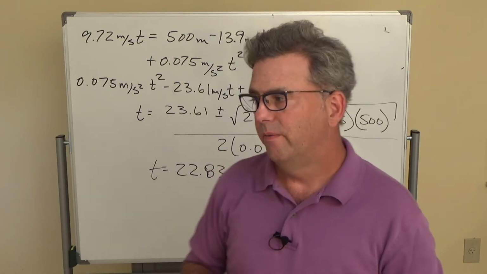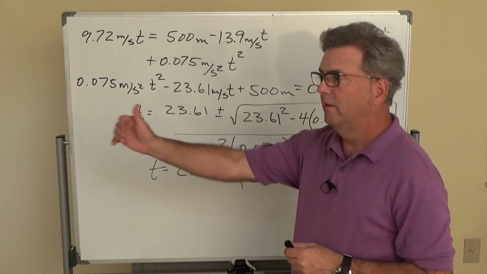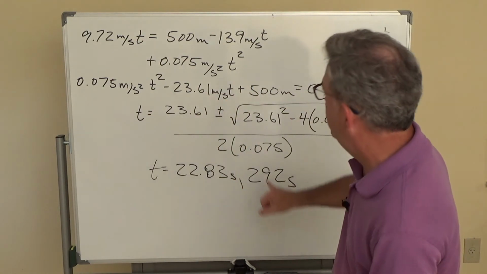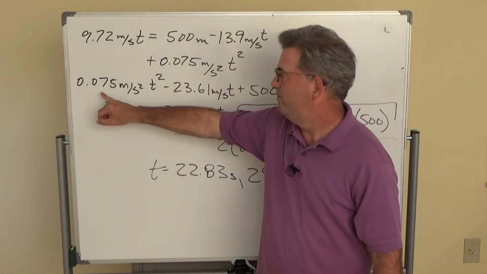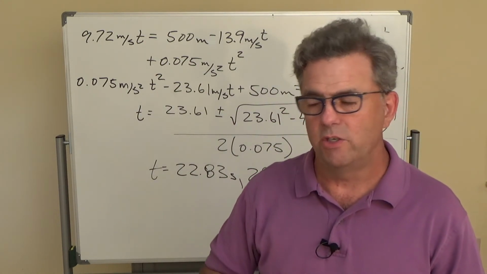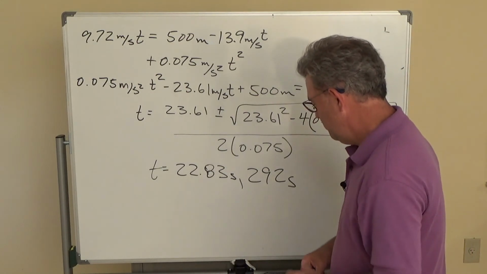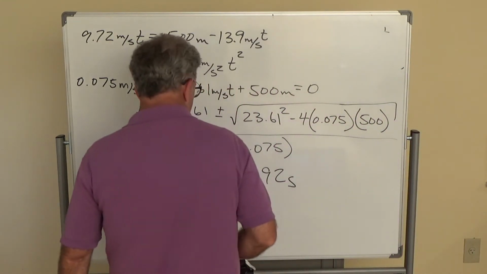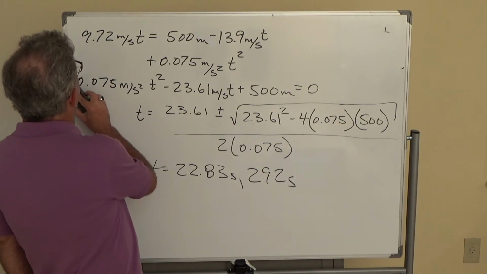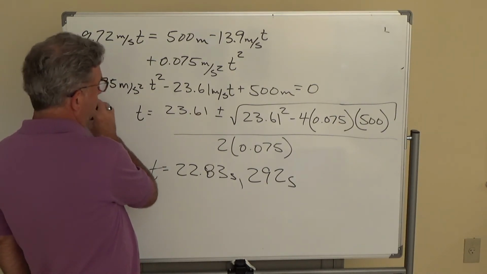The silliness of the truck slowing down, coming to a stop, going in reverse at this acceleration, 0.15, it's 292 seconds. So that takes a while, about 5 minutes, right?